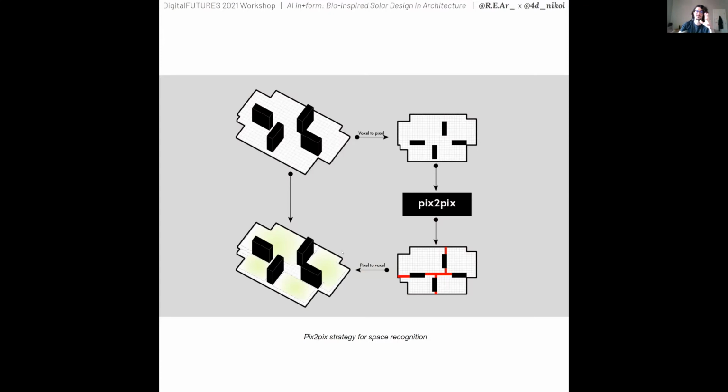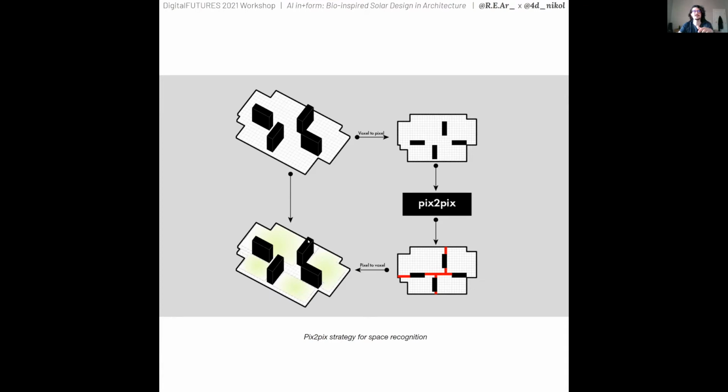If you check this diagram, you can see that we have a configuration of these components in 3D space, actually in voxel space, where we're using voxels as a 3D unit. We translate this data into 2D data, into pixels, basically. We feed this into pix2pix, so pix2pix can generate those red lines for us.